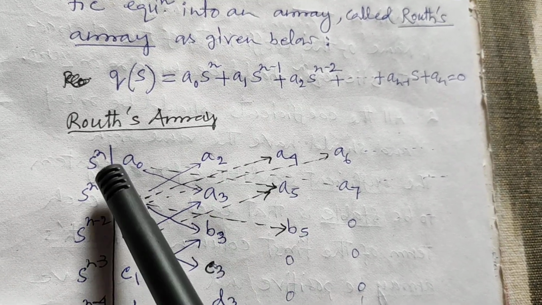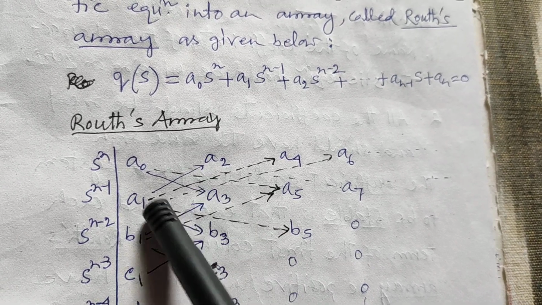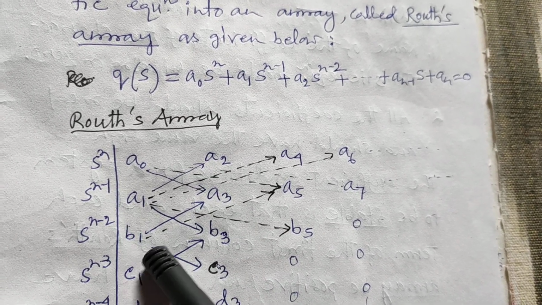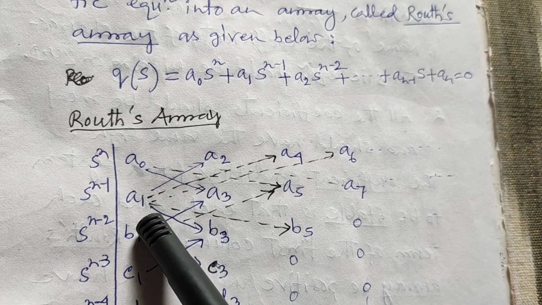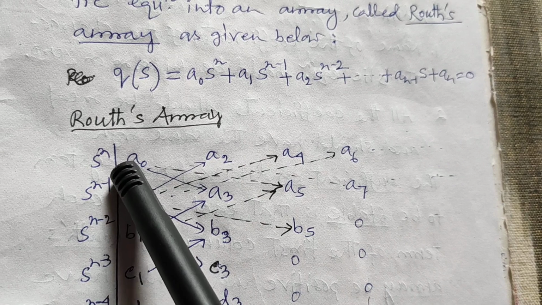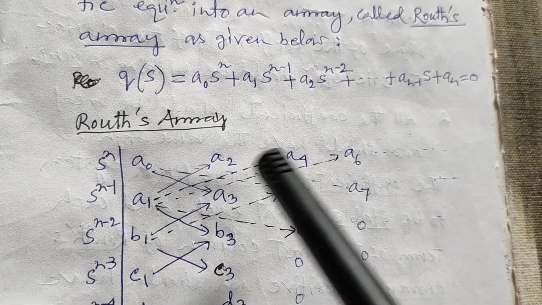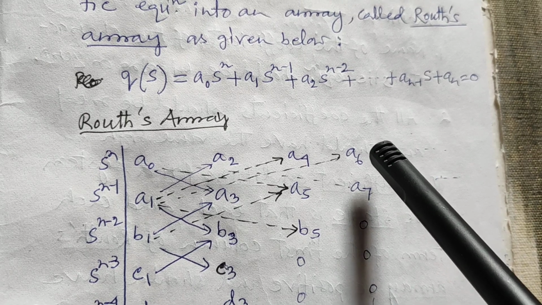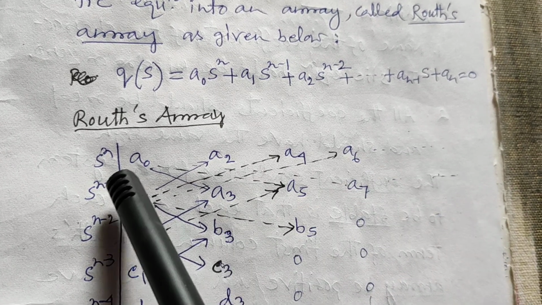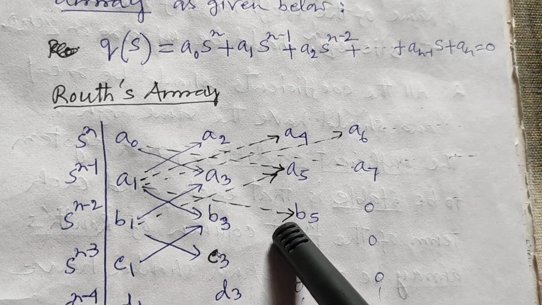b1 equals (a1 a2 minus a0 a3) by a1. b3 is (a1 a4 minus a0 a5) by a1 and b5 is (a1 a6 minus a0 a7) divided by a1. Okay.